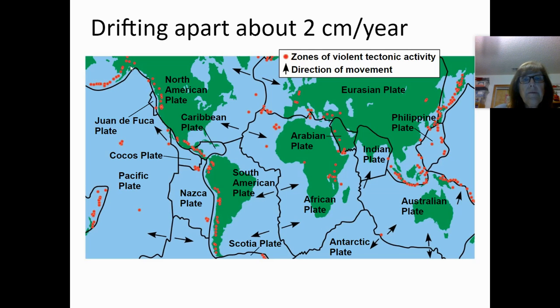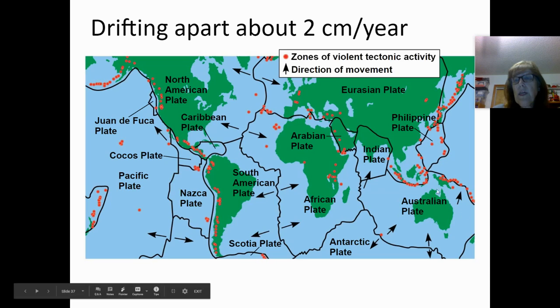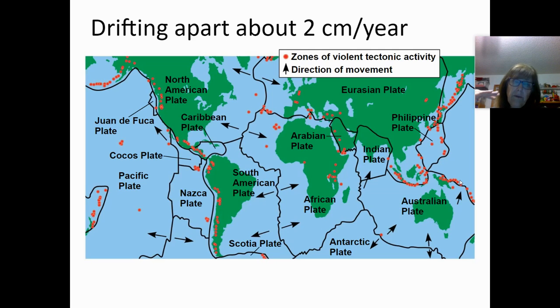Along the North American plate, the other side of the Pacific Ocean, along the Philippine plate and the Australian plate, and if we extend down into South America, this right here is known as the Ring of Fire, okay? And that Ring of Fire is plate boundaries around the edges of the continents in the Pacific Ocean, where we have those subduction zones and a lot of volcanic and earthquake activity.